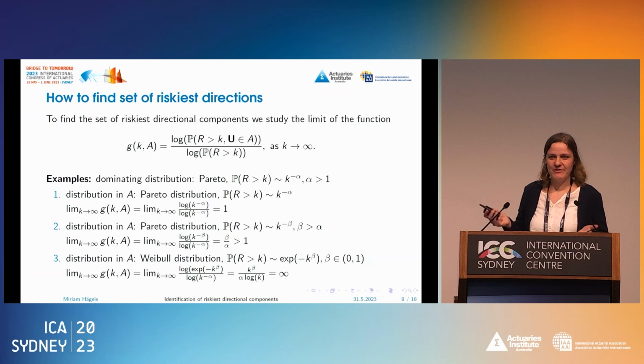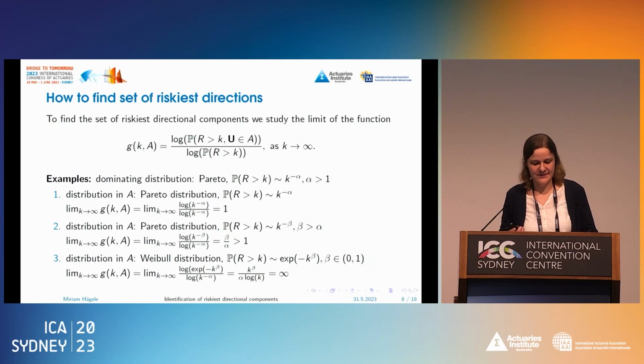But now is the question, how can we find this riskiest set, the set of the riskiest directions?